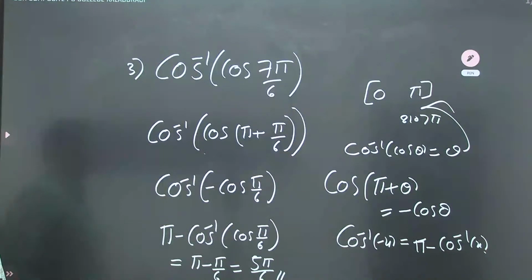In this, you have to calculate the value of inverse trigonometric functions. Next is sine inverse of sine 3 pi by 5.